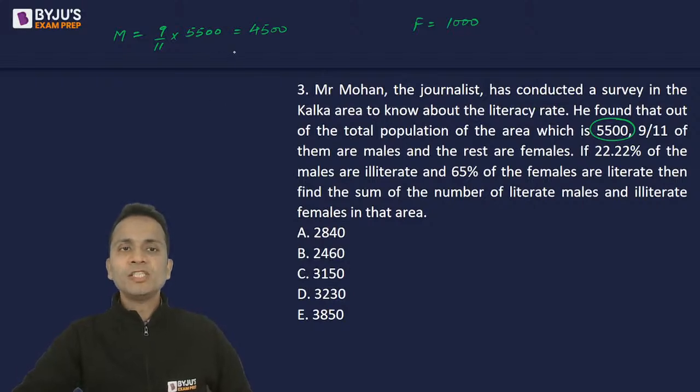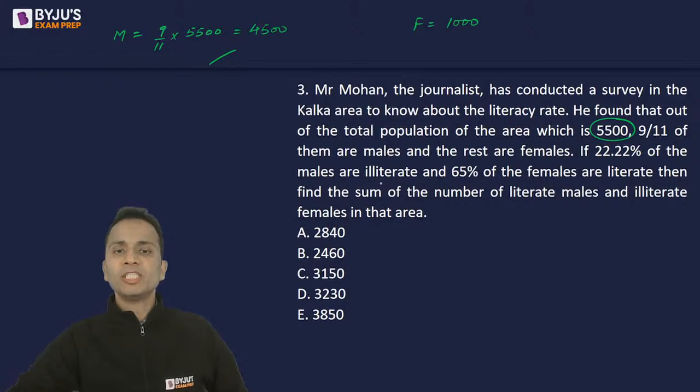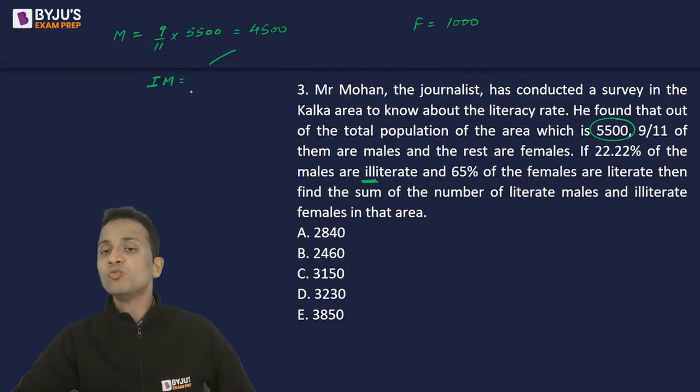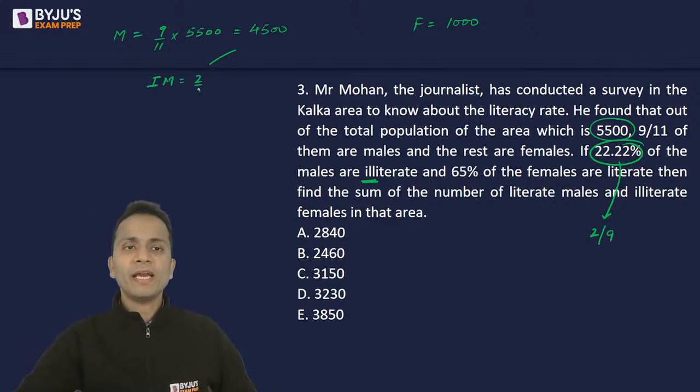Out of these 4,500 males, 22.22 percentage are illiterate. So illiterate males will be 22.22 percentage. Now, if I convert it into fractions, it will come out to be 2 by 9. So 2 by 9 of the total number of males, 4,500, are illiterate.